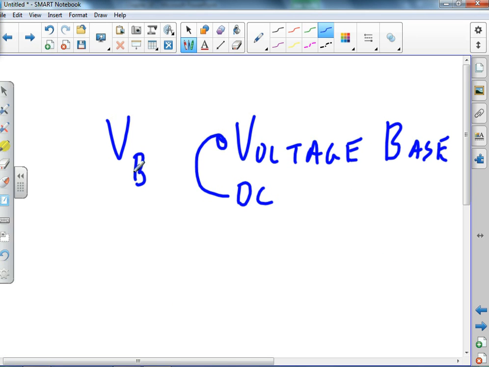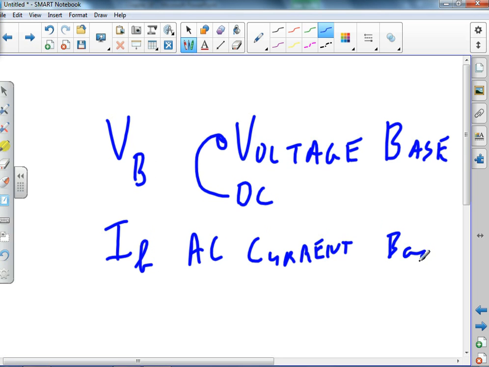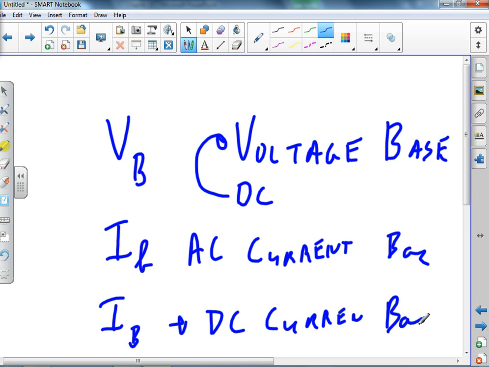When I use a capital letter, I mean DC voltage. If I write lowercase ib, small b, now I'm talking about the AC current at the base. But if I write IB, capital letter, then I'm talking about the DC current at the base. Same thing for the emitter, same thing for the collector.